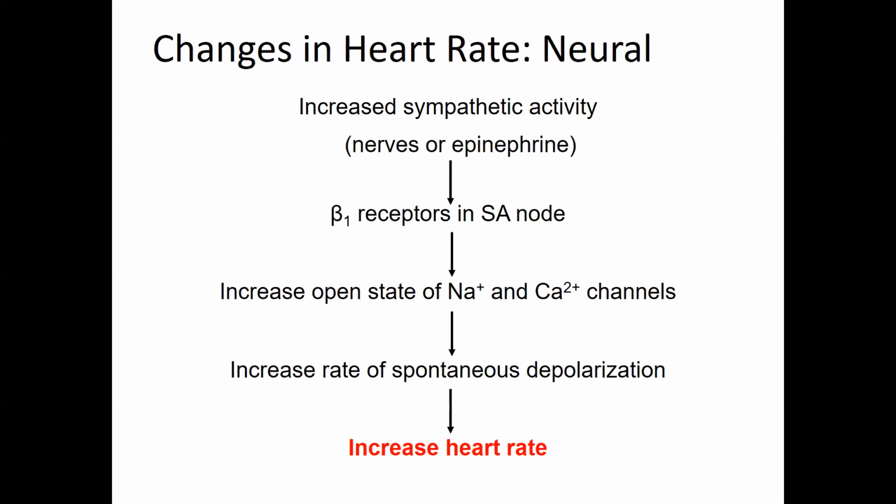When we talk about the ionic basis of a pacemaker cell, we know that increasing the opening of funny channels allows more sodium into the cell, and that helps to depolarize the cell faster. So effectively, the sympathetic nervous system, using norepinephrine and epinephrine, increases the sodium and calcium channels, increases the positive ions moving into the cell, increases the rate of spontaneous depolarization, and that increases the heart rate.